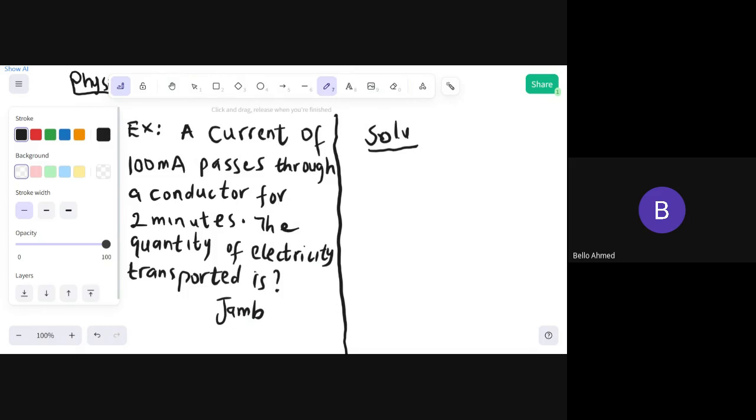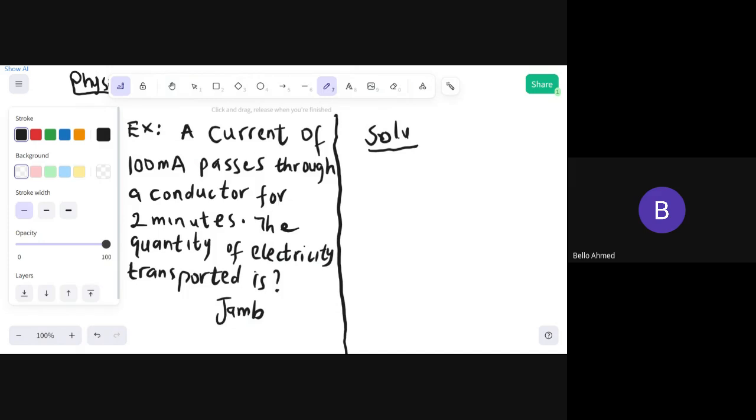Now, from this question, a current of 100 milliampere, I also talked about smaller units of current. And I said that anytime you want to solve a question like this, especially in physics, please bring out your parameters. It is very important. Even if you bring out your parameters and you did not know the formula, that's another problem.